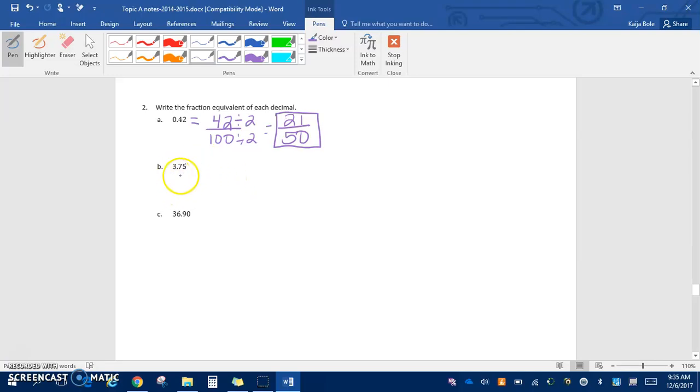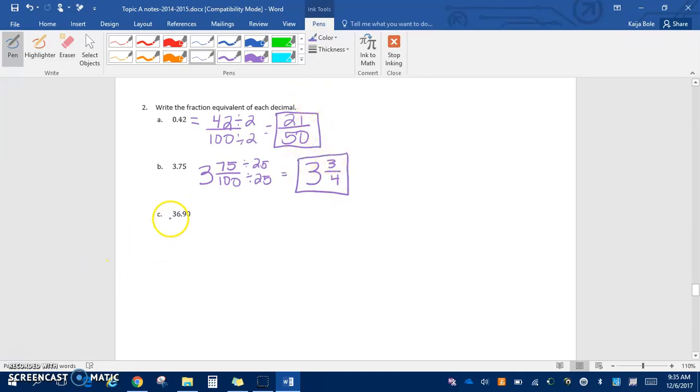Right here, again, with the whole number, that means we're just going to have a mixed number. So we'd have 3 and 75 hundredths this time. So if we're going to simplify, I know I can divide 75 and 100 both by 25. So now my simplified version would be 3 and 3 over 4.